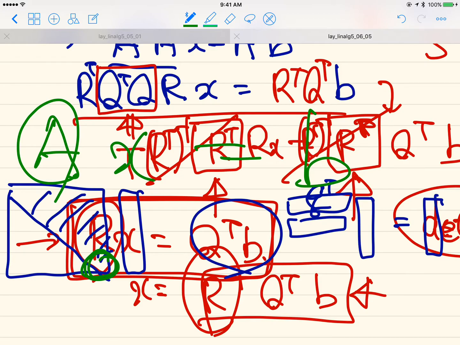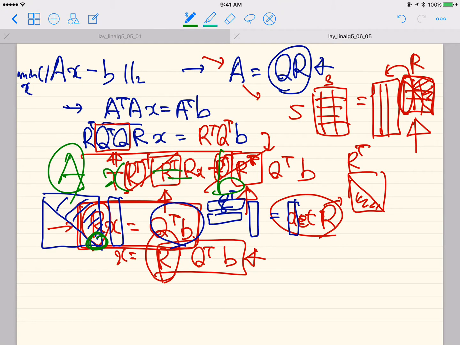So for this least squares problem, we can now think about three different ways. The first one is just solving A transpose A x equals A transpose b.